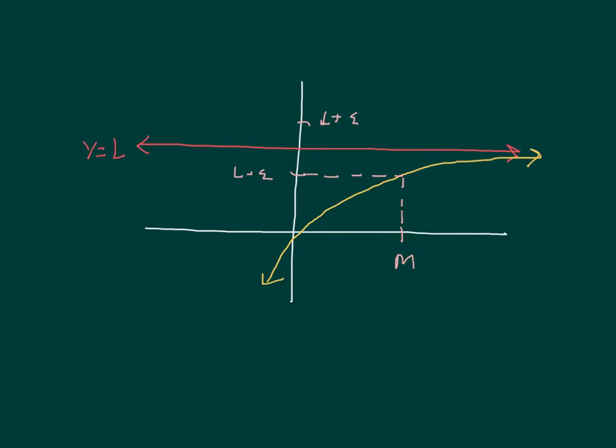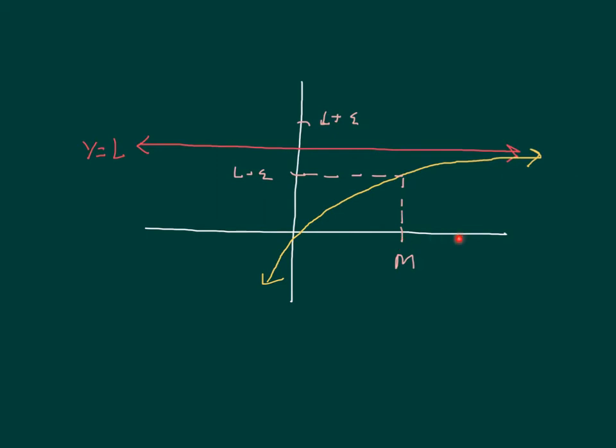Well, that's not really going to come into play because no portion of the graph of that function is up there. But if I look at L minus epsilon, I'm right here, and I can go across and hit the curve and come down. I'll call that m.